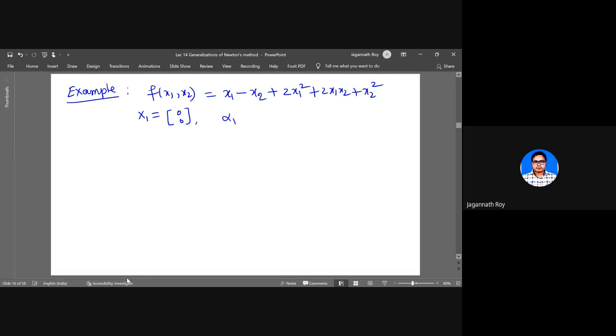Then assume alpha equals 10 to the power 4, c1 equals 1 by 4, c2 equals 2, and epsilon, the stopping condition, the tolerance, is 10 to the power minus 2, or you can say 1 by 100, 0.01.